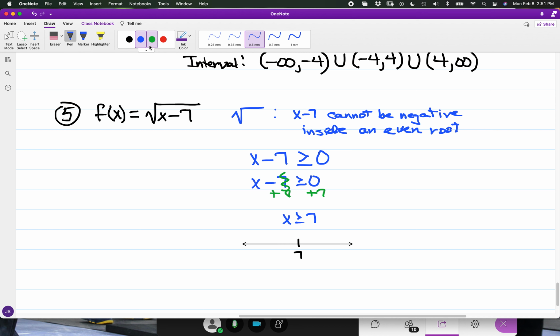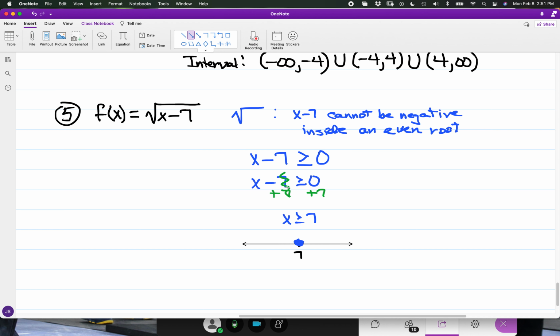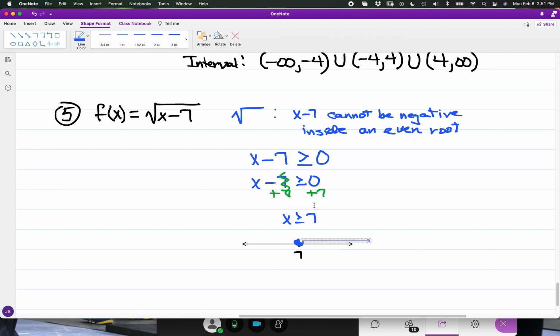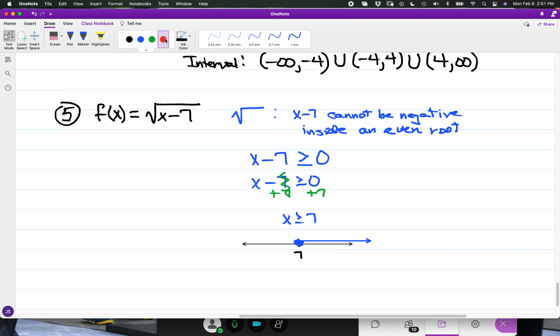With the nature of the inequality, greater than or equal to 7, the equal signals that you have a closed point, not a hole, but a closed point on 7, indicating that 7 is included. Then the rest is greater than, so we have an arrow going continuously to the right, approaching infinity.